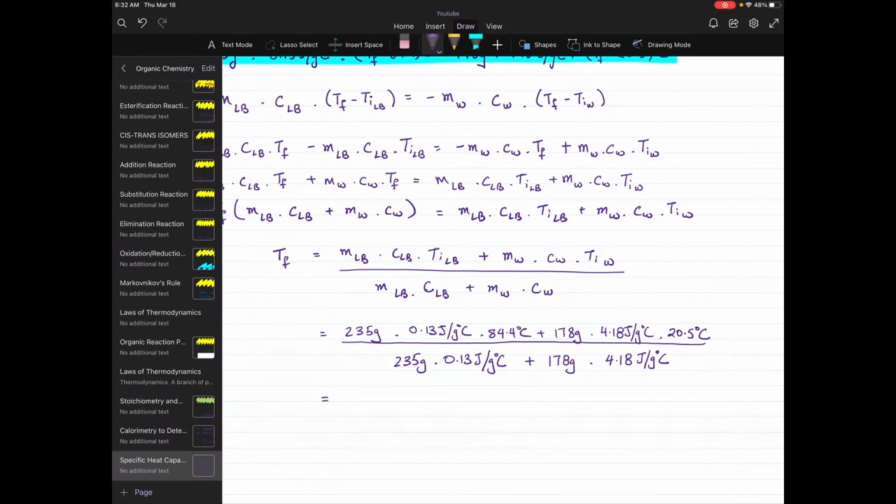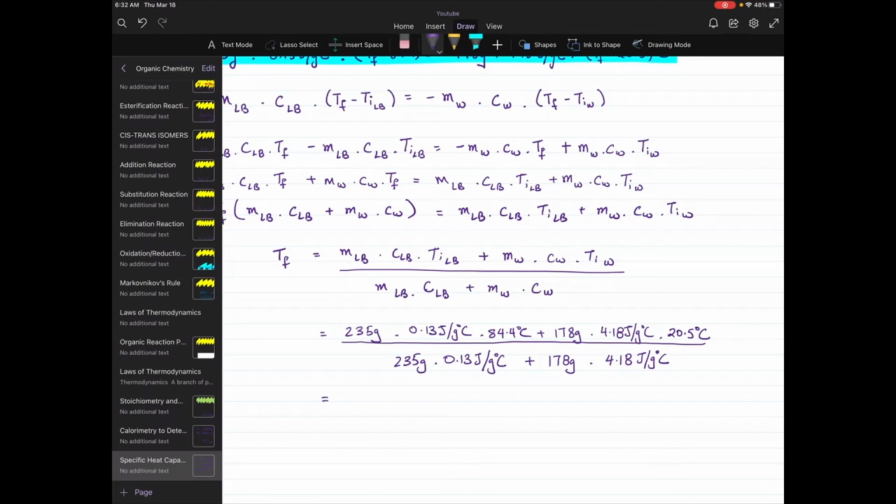So I'm going to get my calculator here and clear everything. Starting from that, we have bracket 235 times 0.13 times 84.4 plus 178 times 4.18 times 20.5. I'm going to close the bracket, divide by whole thing, bracket 235 times 0.13 plus 178 times 4.18.